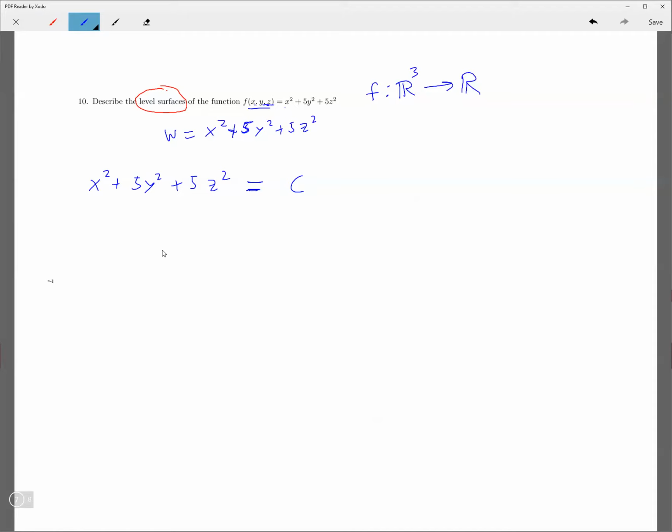Okay, so just for example, let's say we choose C to be 5. You don't have to choose it to be 5, but let's just suppose we had. I guess that would be the easiest choice, because you can divide everything by 5. Wait, this is squared.